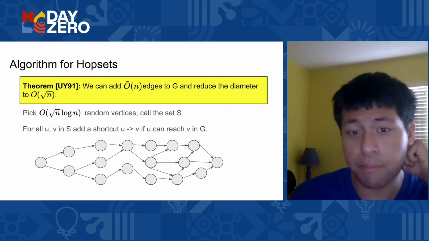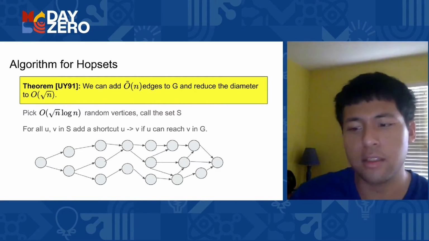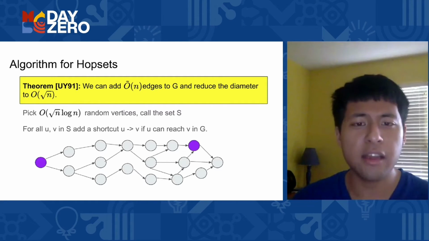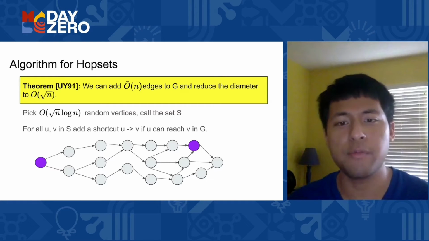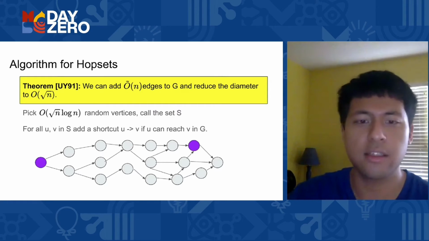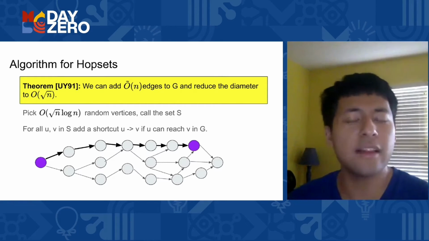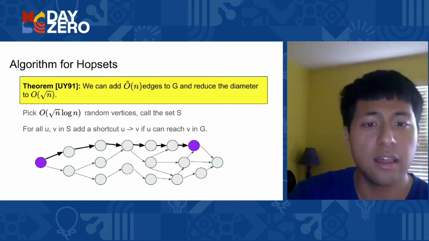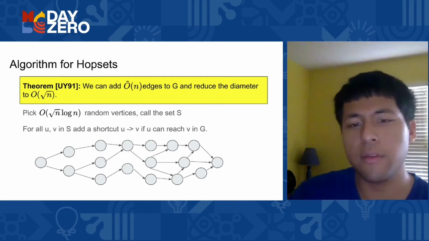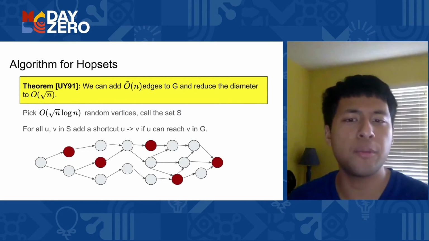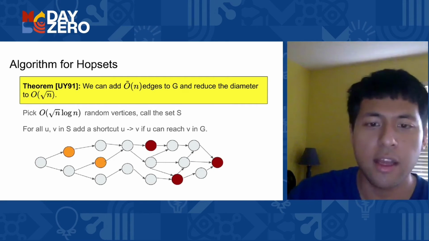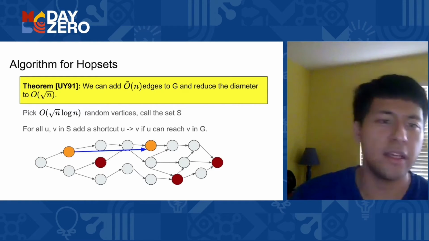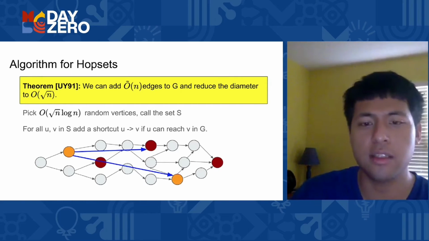And here's an illustration of the process. Say I initially wanted to find a path from the left purple vertex to the right purple vertex. Initially, the path is kind of long. I need to go through a lot of edges. But what if I randomly first picked these vertices in the graph and then built the corresponding Hopset given by the above process?